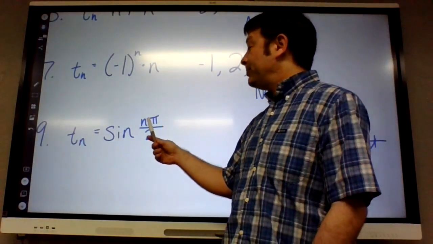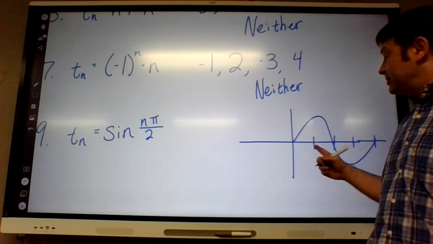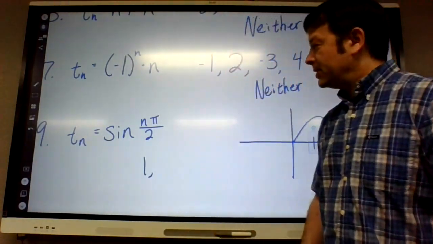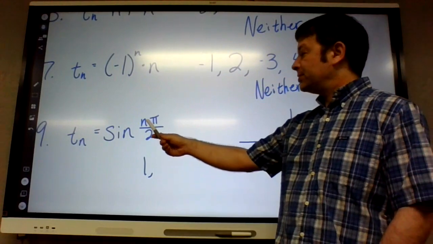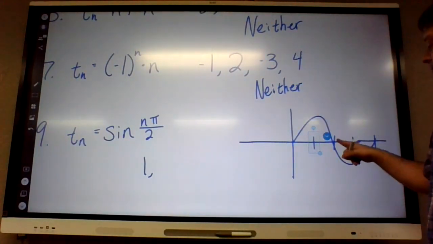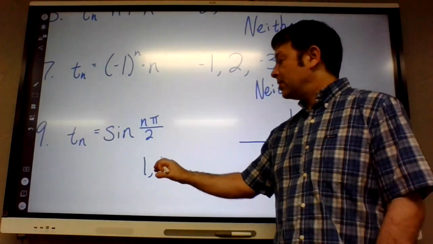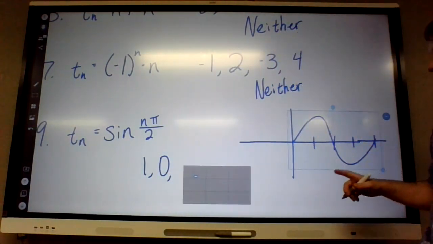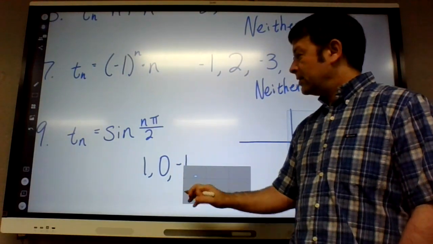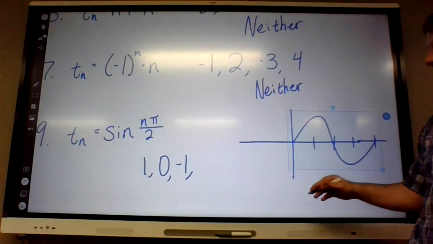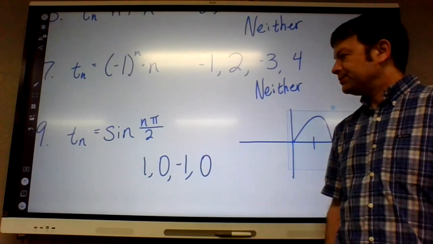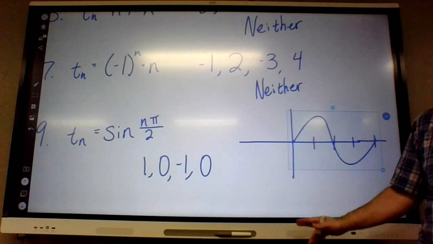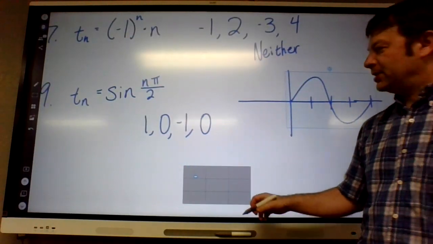If I plug in 1, I get pi over 2, which is like 90, so that's going to be 1. If I plug in 2, I get 2 pi over 2 is 1 pi, which is like 180. I'll come out 0. I plug in 3, we're over here at -1. I plug in 4, I get 2 pi's, back to 0. Alright. Is that anything?